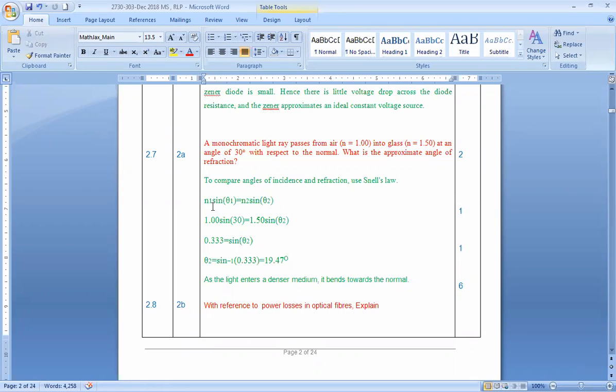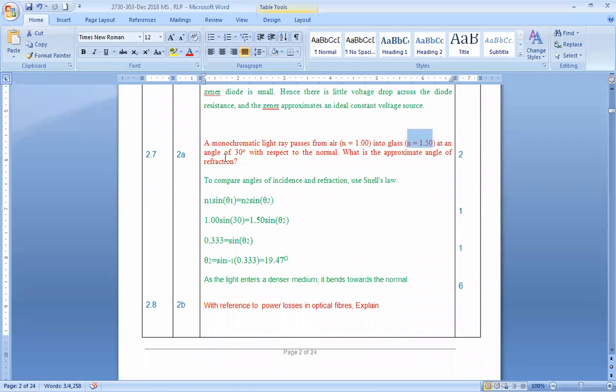Theta 1 is the angle referring to n1, and theta 2 is referring to n2. So in the question, we have a monochromatic light ray which passes from air. Generally, we take n is equal to 1 for air, and from air the light passes through glass, which has about 1.5.